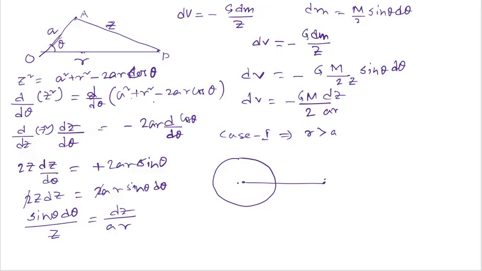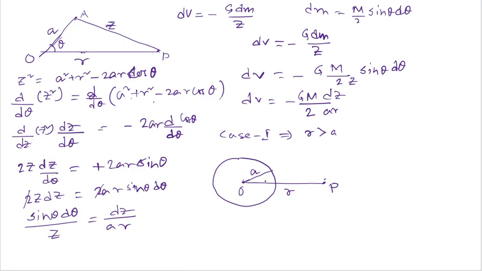So if this is the center of the sphere O, suppose this is the point P. So r is nothing but the distance from the center to the point, and this is a hollow sphere. And what is a? This is the radius a. Now case 1, r is greater than a, that means point P is lying outside the sphere.